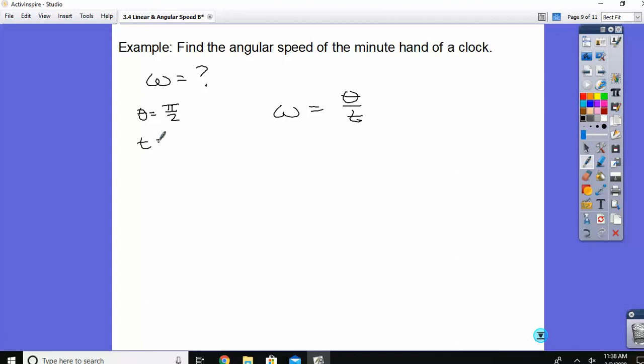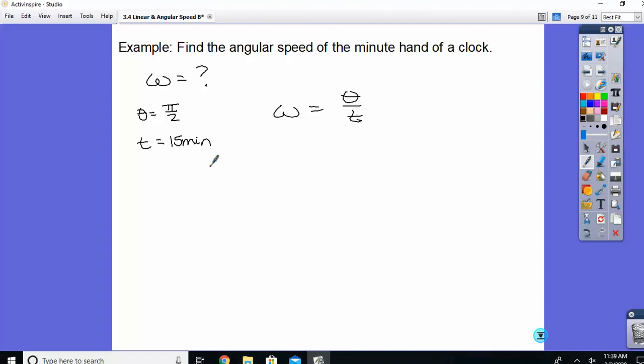If the minute hand travels pi over 2, 90 degrees, how much time has passed? 15 minutes. Okay, so you could have done pi. You could have said it traveled 180 degrees, and then what would your time have been? 30 minutes. You could have said 2 pi, and then your time would be 60 minutes. You might even say, theta equals 2 pi, and your time is 1 hour.